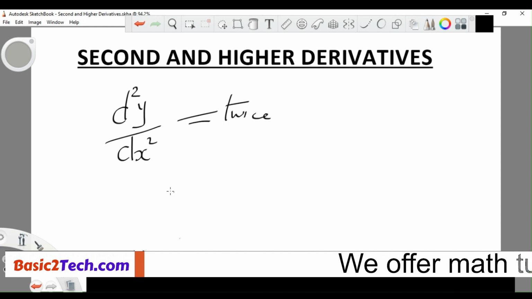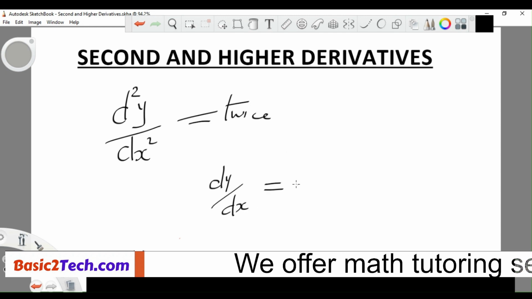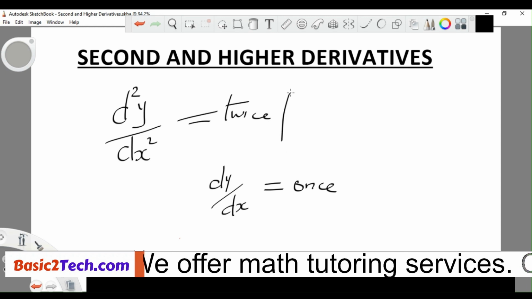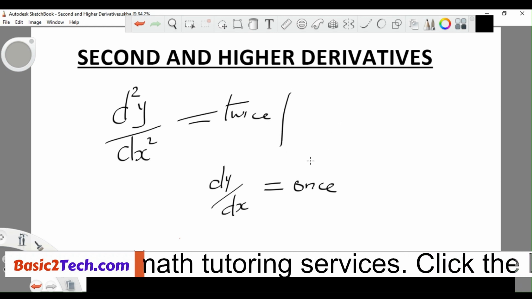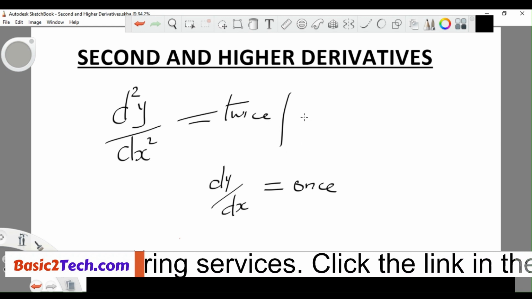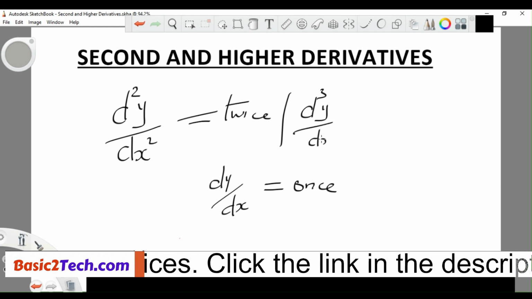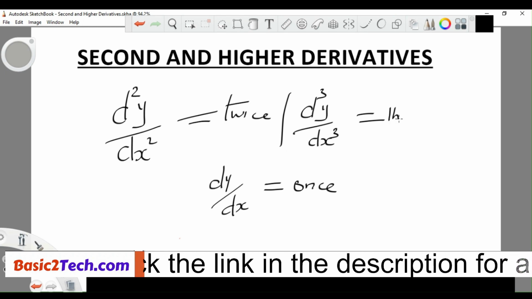When we have dy over dx, it means that we are differentiating once. Also, we can be asked to differentiate a polynomial more than twice. For example, 3 times, and it is written in this form: d cubed y over dx cubed. So this is when we are differentiating 3 times.